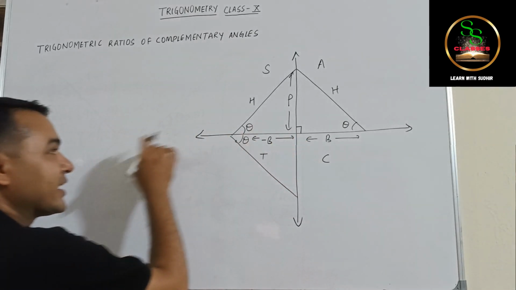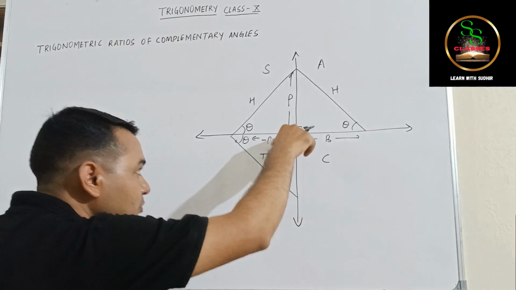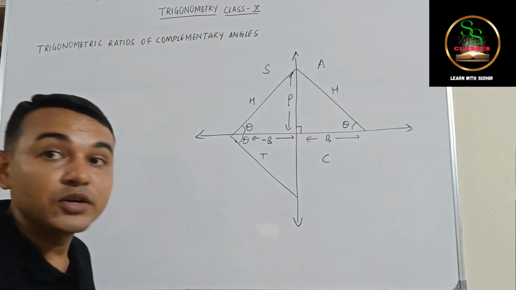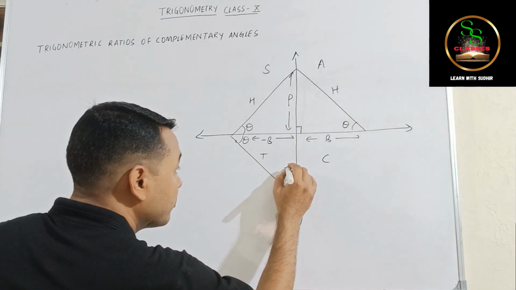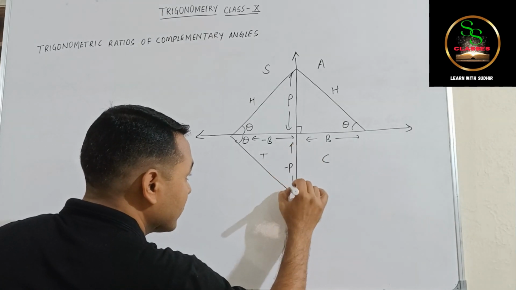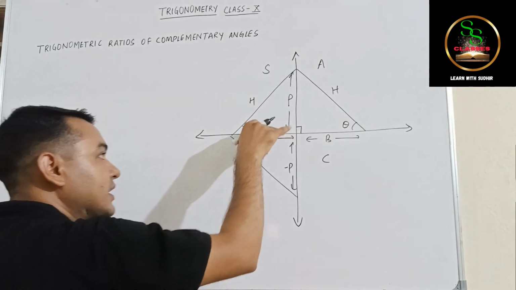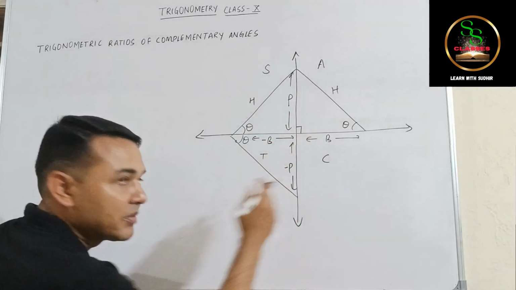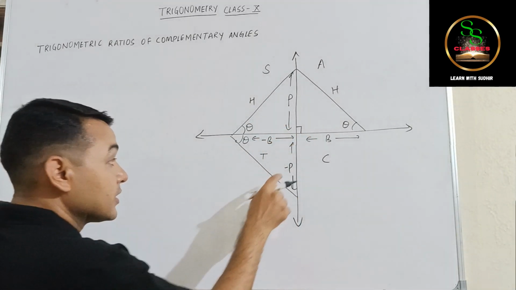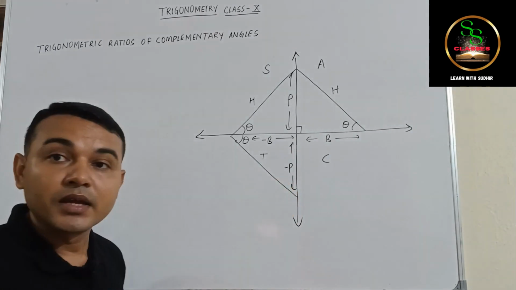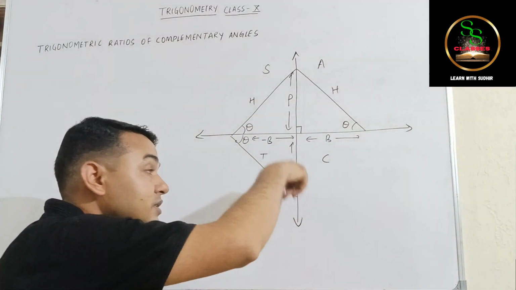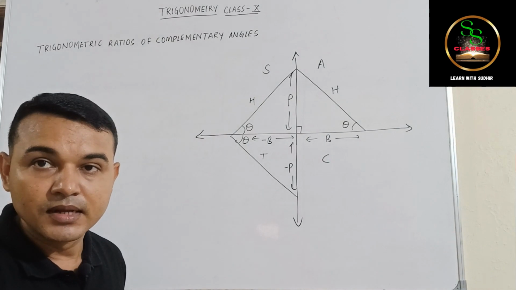Why? Because this was in the negative axis. Now if we move downwards, this is the negative y-axis. So this value, the perpendicular, let's see, because I am standing here, this angle is theta, right? If I am standing here, then this is the base and this is the perpendicular, right? Then this value will become negative. Why? We are moving towards the negative y-axis, right?